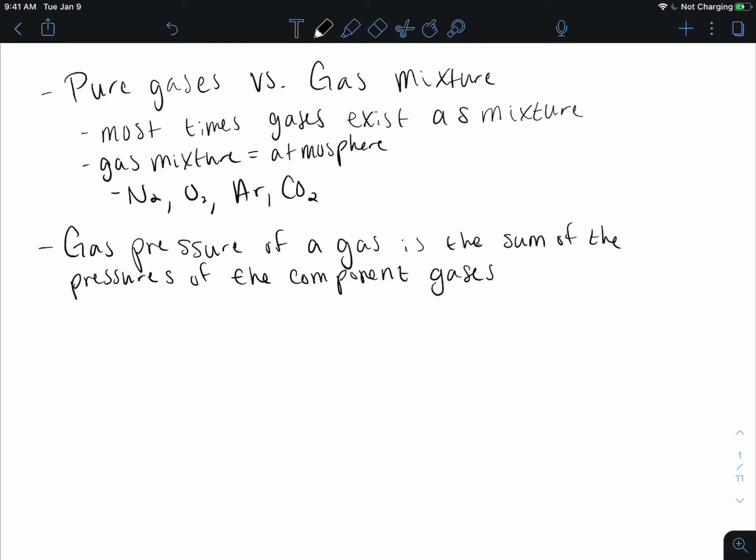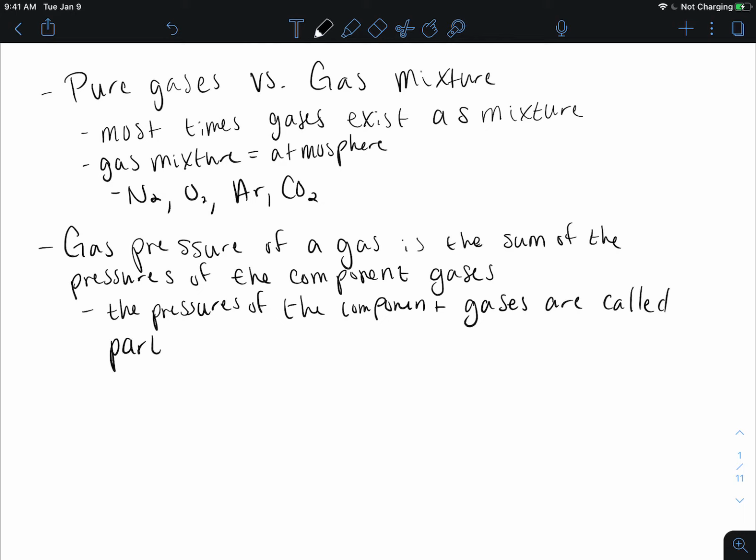We call the pressures of the component gases partial pressures, and those partial pressures combine to give us our total pressure.